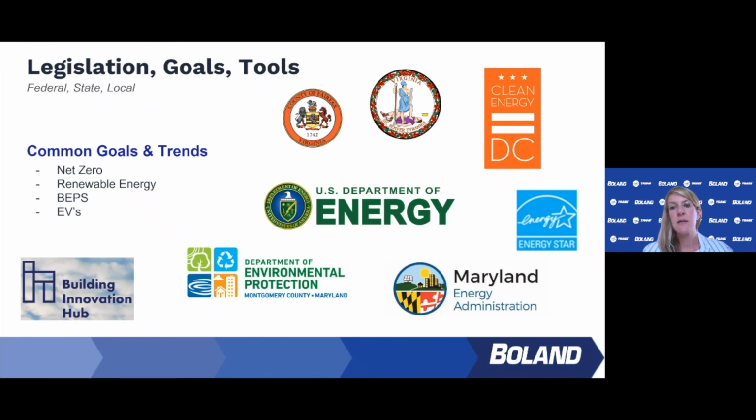Buildings in Maryland and DC all have to benchmark or score their buildings on the Energy Star scale over a certain square footage. And under the Clean Energy Act, buildings in DC, as of the first compliance cycle now, have to meet a certain Energy Star score, and that varies by building type.